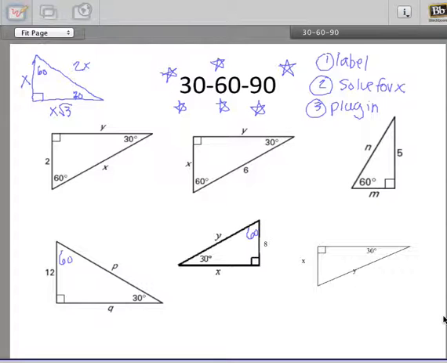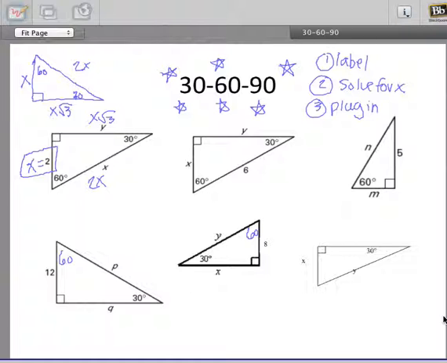Across from the 30, he's the x side. Across from the 60, he's the x radical 3. And across from the 90, he's the 2x. So I labeled my pattern. Next, I need to solve for x. Notice x equals 2, because the x that I labeled is equal to the side that was given to me.